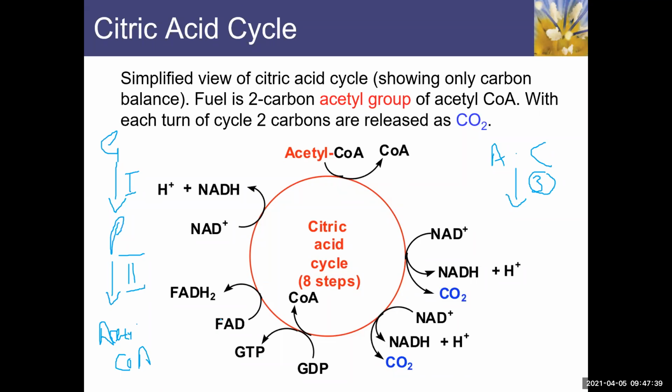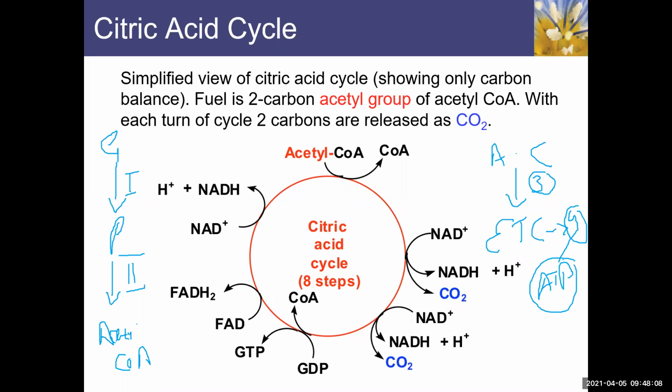And once we have NADH, FADH2, then the last stage will be that these NADH or FADH2, which are produced here, will enter into the electron transport chain, which we will discuss in today's chapter. And in the electron transport chain, that will be the fourth phase where we will produce the ATP. So this is our aim now.